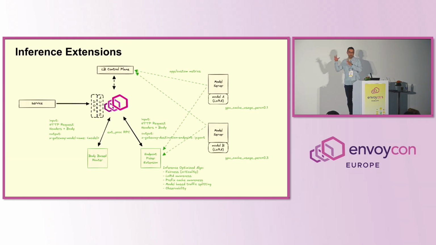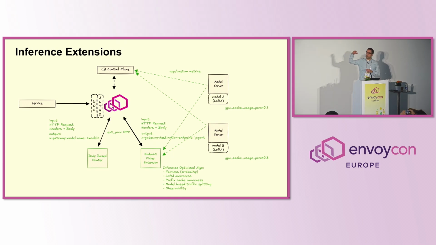So this is the inference extension architecture, right? The more concrete architecture with these new components. We can see that we have the body-based router that provides the model-aware routing via this header that then gets matched in the Envoy route configuration. We also have this endpoint picker extension component that's implementing the inference optimized algorithm.